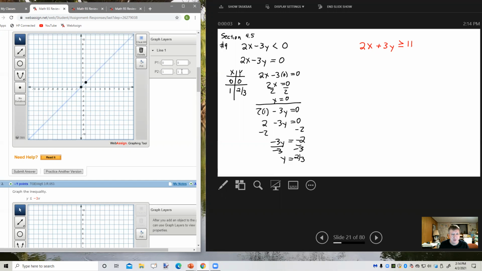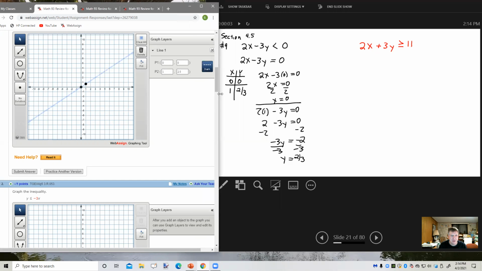My second point should be 1, 2/3. Okay. Now, also, if I go back here and look, you see that the original inequality did not include an equal sign. So we need this to be dashed.